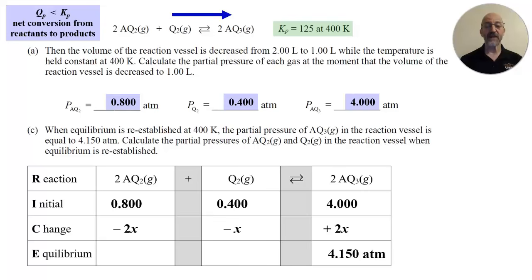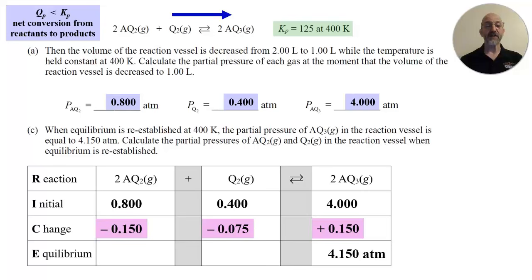What's the difference between 4.150 and 4? Well, that's a difference of 0.15. And if 0.15 is equal to 2x, that means that x would equal half of that value. What's half of 0.15? Well, that would be 0.075. So the change row of my rice table looks like this: minus 0.15, minus 0.075, and plus 0.15.